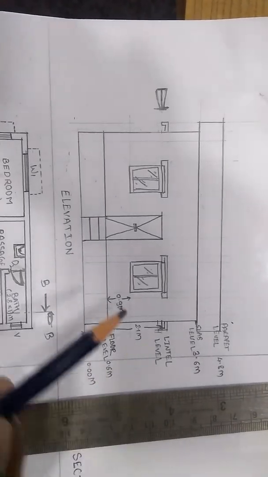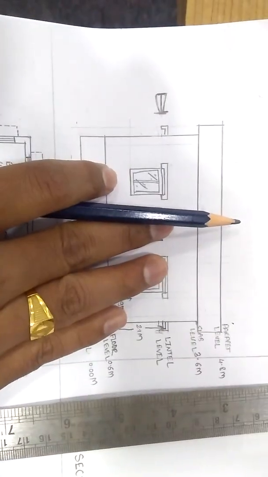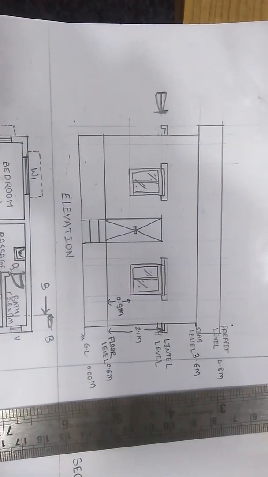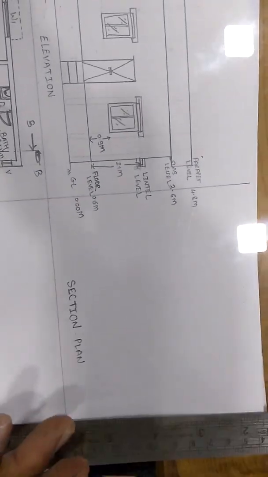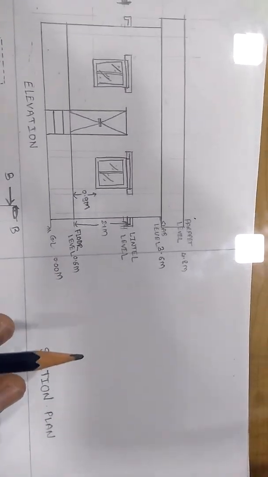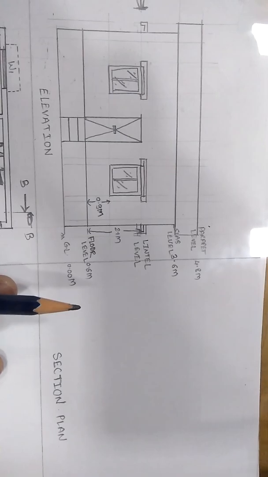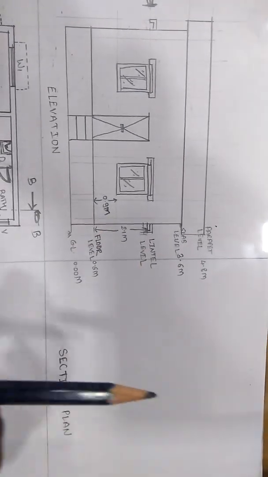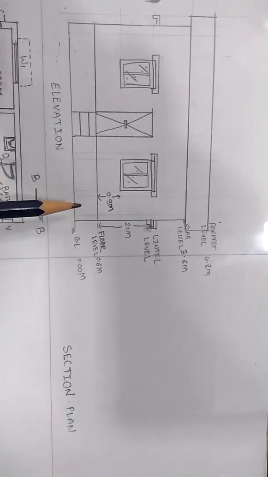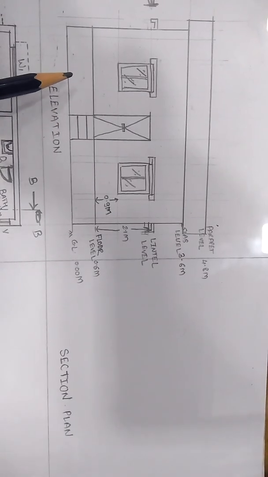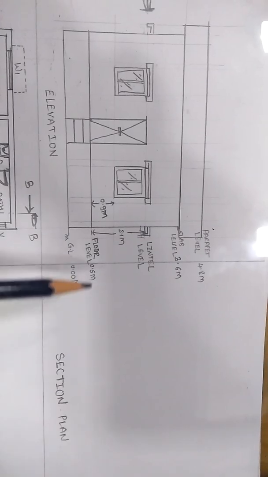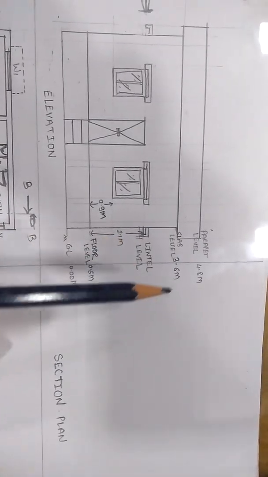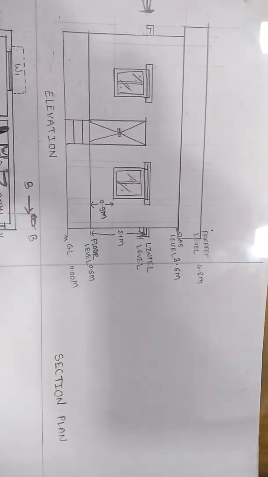After that, from this elevation part, and with the help of development plan dimensions, you have to draw the sectional plan, right? So let's see how to draw the section plan. But before drawing section plan, we have to transfer all the levels to the section plan, that is ground level, floor level, lintel level, slab level, and the parapet level.